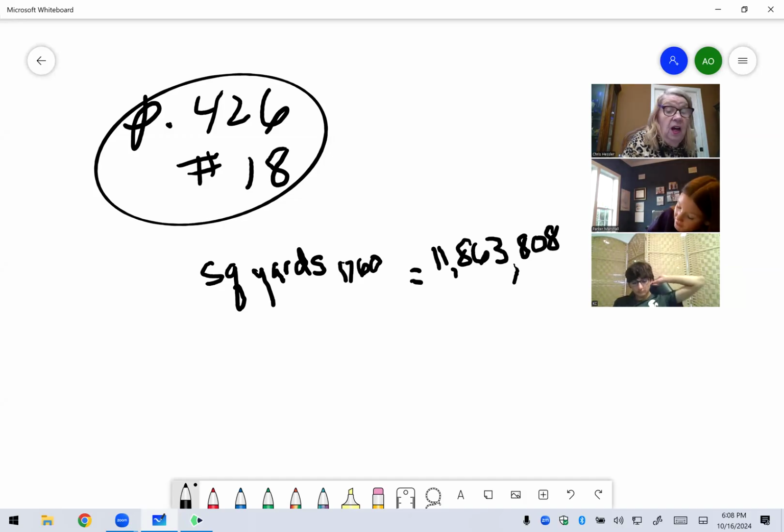Oh, we got to figure this out, right? We have to multiply this. So the park, this is why it's module 2.